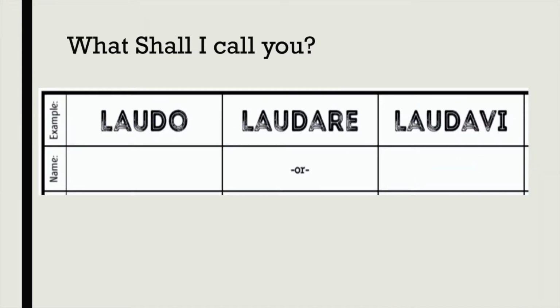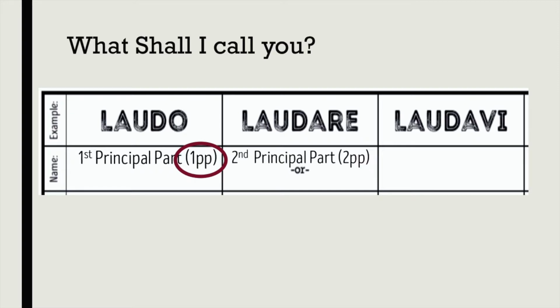Okay, so what shall I call you? This is how we're going to refer to the different parts of the dictionary entry. So the first principal part, and you can see that I wrote 1pp, is how we're going to refer to the first form. Again, the 1pp is just our abbreviation. So first principal part, or first pp. The second one is called the second principal part, but it has another name.